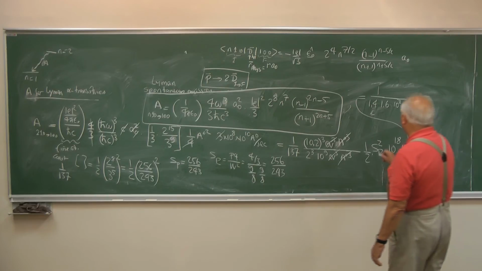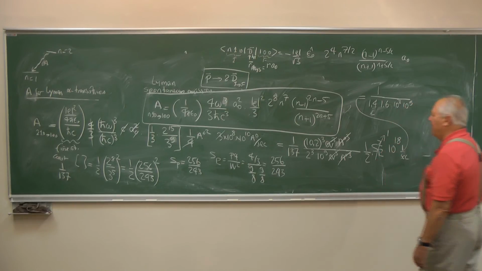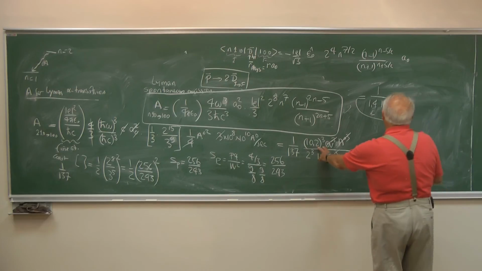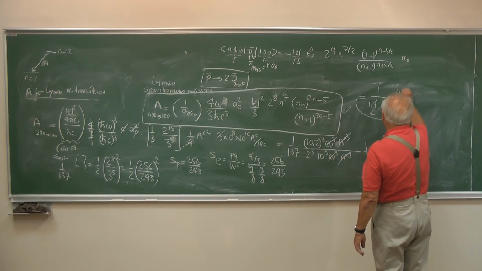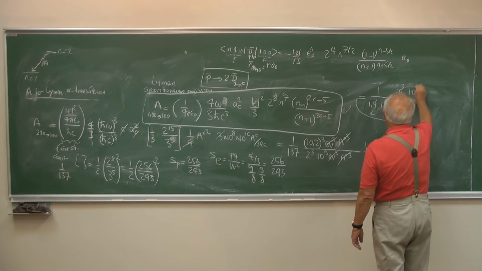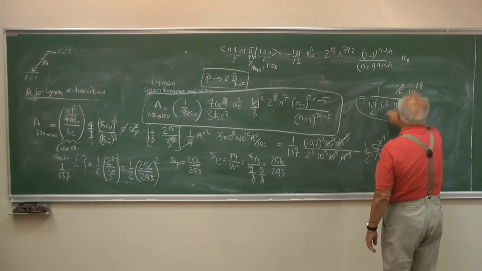So I will simply call this 1 square. I will replace this one. Remember, we are making an approximate calculation. 10 to the 9. And this is 10 to the cubed. And 10 to the 18. Equals. So this cancels.